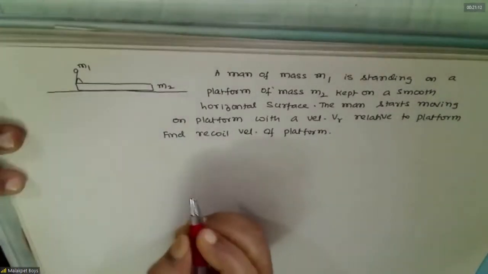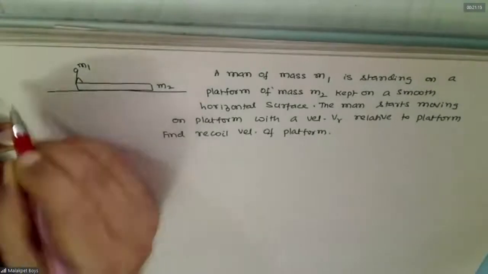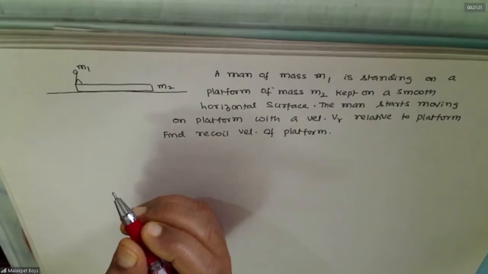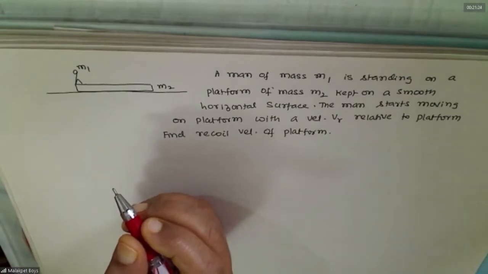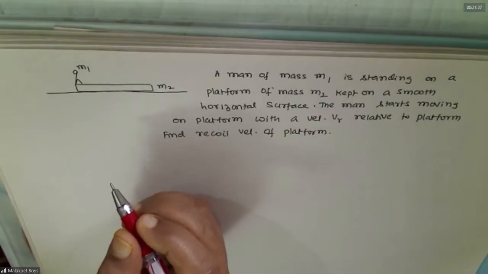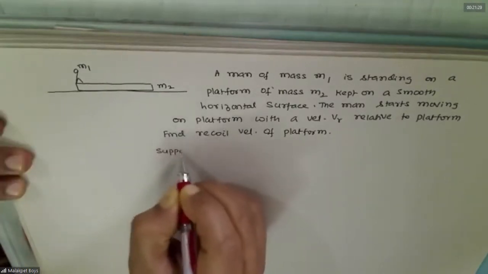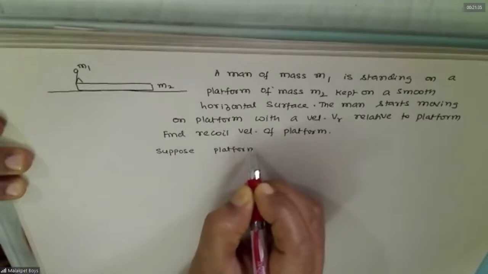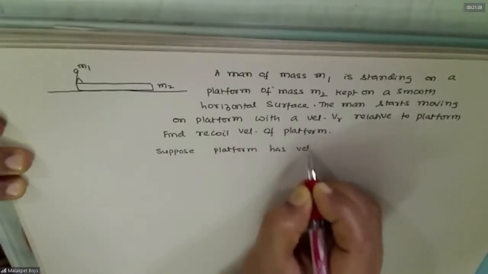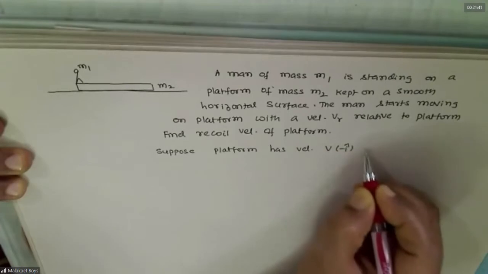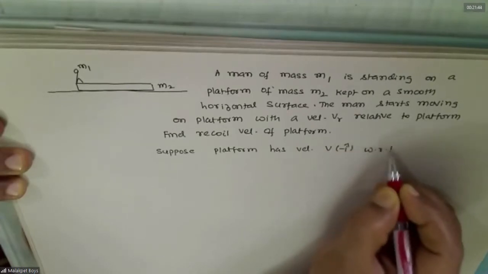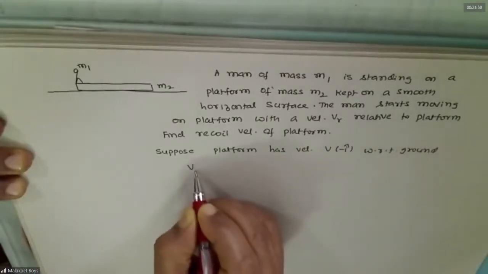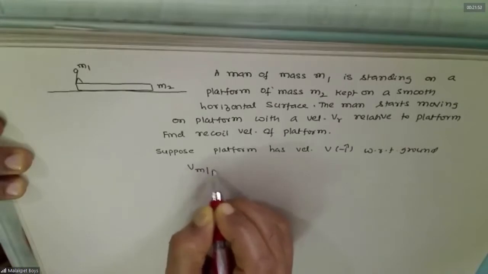See here, recoil velocity means the velocity in the opposite direction with respect to ground. Now suppose you have the velocity of man with respect to the platform.